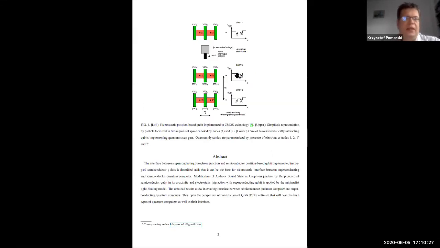And then we can also exploit the property of electrostatic interaction for line-to-line entanglement. In such a case, we have two electron lines: in one, the electron is placed between 1 and 2, and in the second, the electron is placed between 1' and 2'.